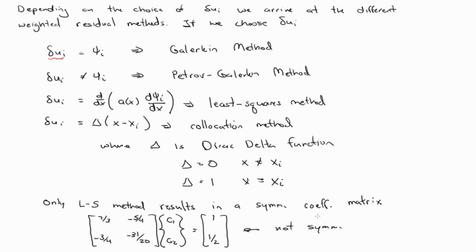So, this matrix is not symmetric, right? I said it's not symmetric. I wrote it down. It's not symmetric because we effectively used the Petrov-Galerkin method, right? When I chose my phis and my test functions, my basis functions, my test functions, when I chose them, they weren't equal to one another, right?